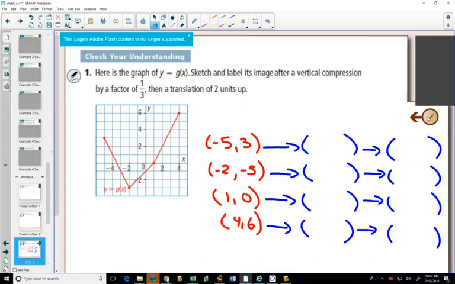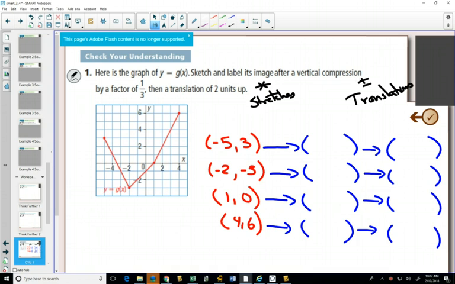Just to label things here, this is always our stretches first, and then translations afterward. And with stretches, that includes compressions and reflections. This is where we are multiplying by things.